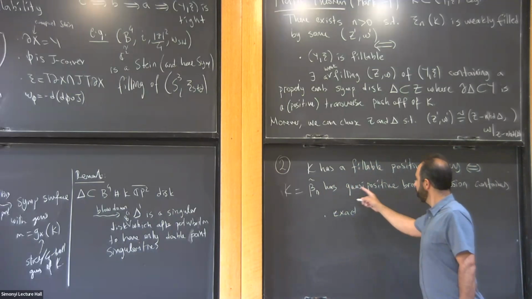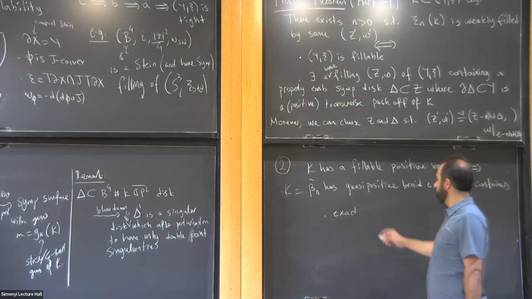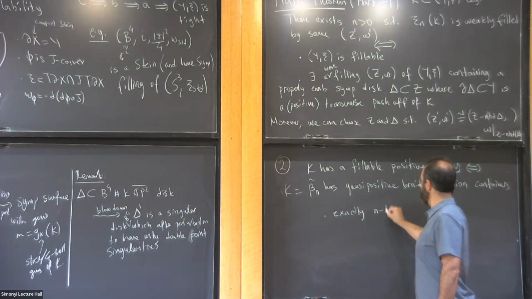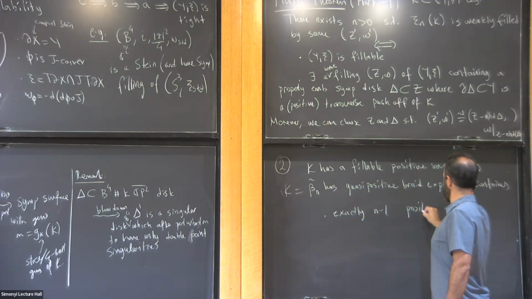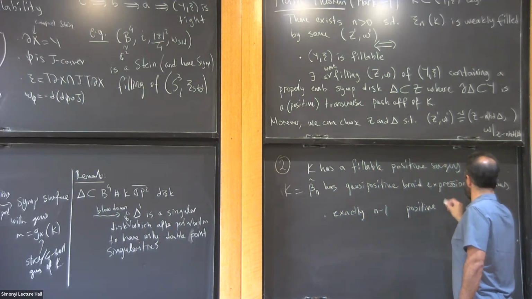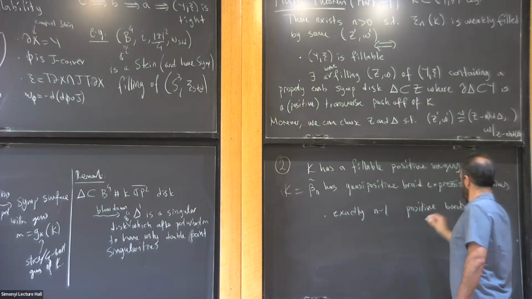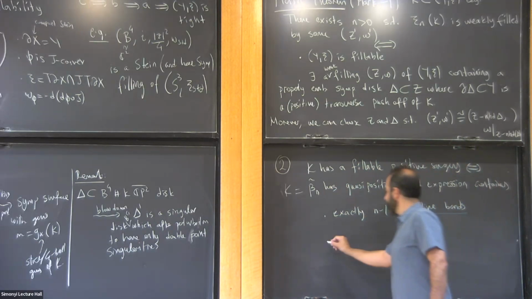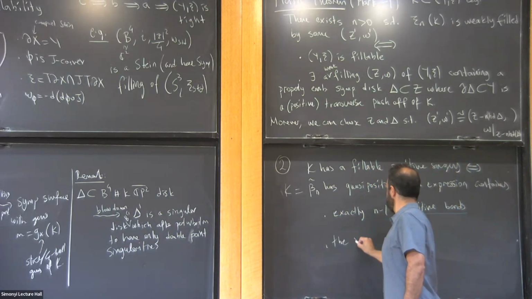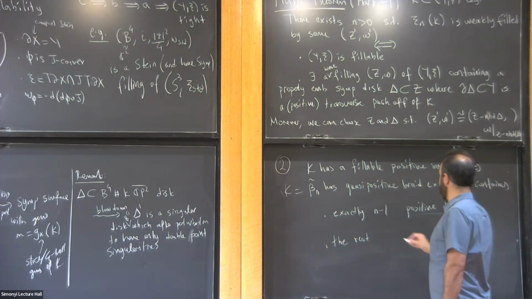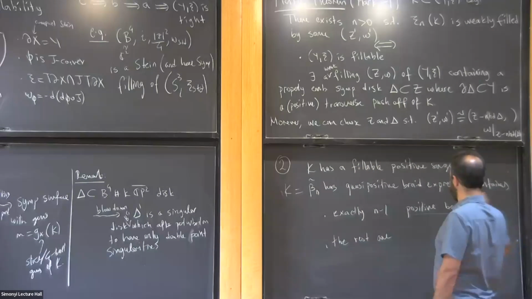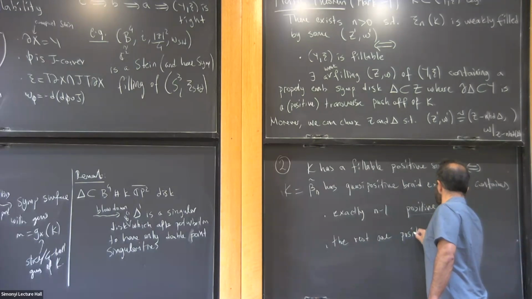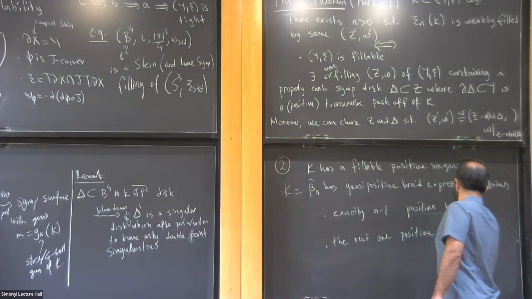So this quasi-positive braid expression will include exactly n-1 positive bands. I'm going to tell you just in a bit. And second, the rest are what are called positive nodes. And I will tell you what that is as well.